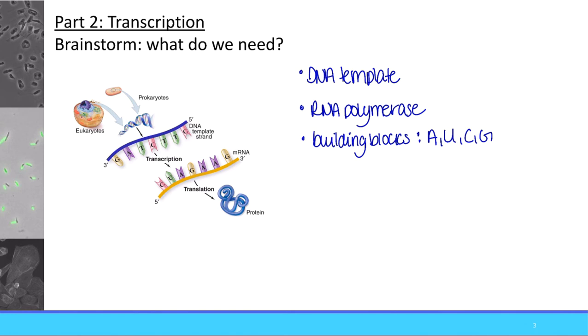So these are all the pieces that we're going to need. And of course, we could add other things: we're building, so we're going to need energy as well so that we can actually do the polymerization of the nucleic acid. But we're going to talk mostly about the pieces themselves.